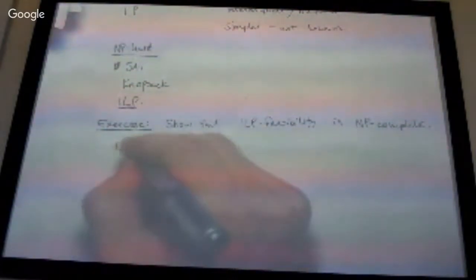So what is ILP feasibility? We want it to be a decision problem, something to do with integer programming.